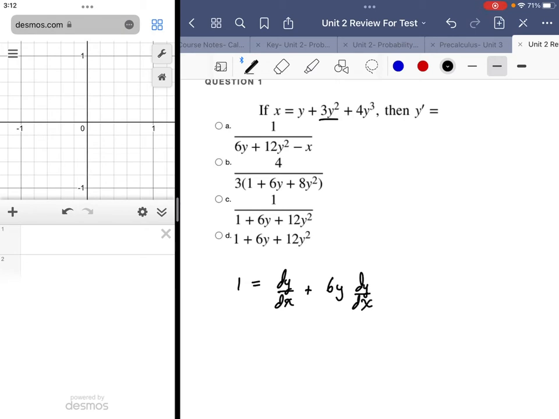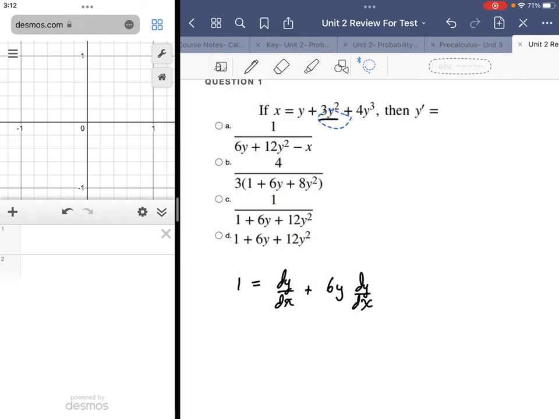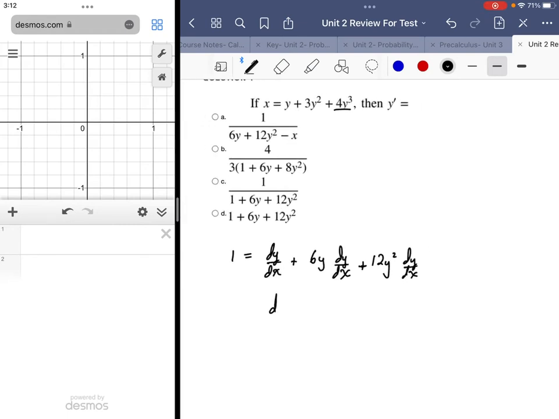The derivative of 4y cubed with respect to x would be 12y squared dy/dx. You'll notice that we have a common dy/dx, which you can factor out, which would give us a 1 plus 6y plus 12y squared as the other factor.